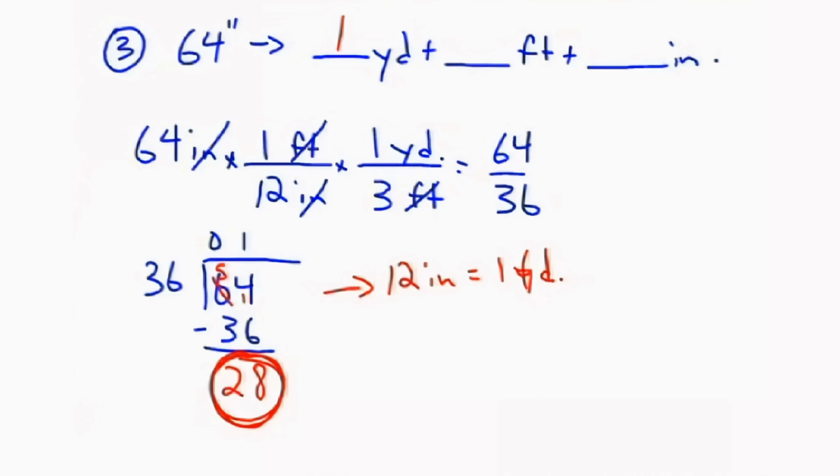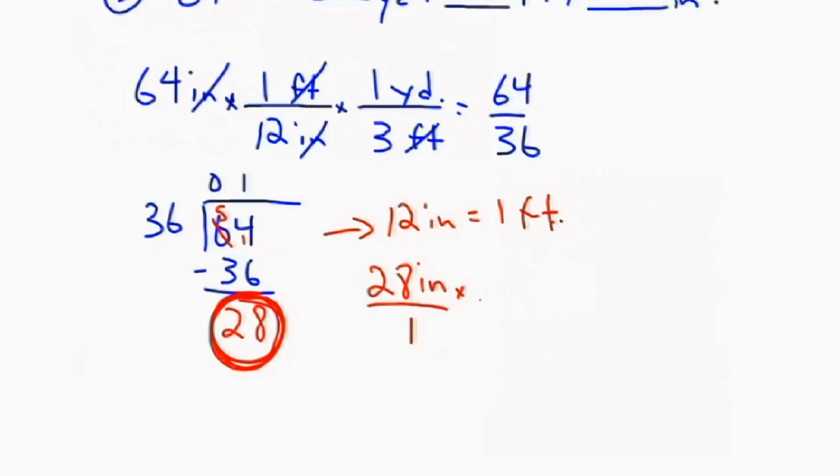And so if there's 12 inches in 1 foot, right, how many whole feet can we get when we look at 28 inches left over? And so we can see here that if we have 28 inches, and we'll put that over 1 times, I want to get rid of inches and replace it with feet. And so there's 12 inches in 1 foot.